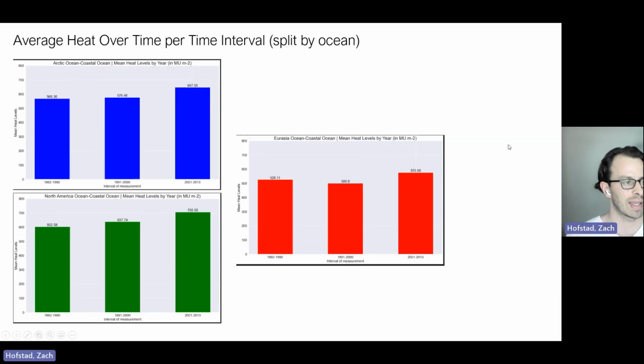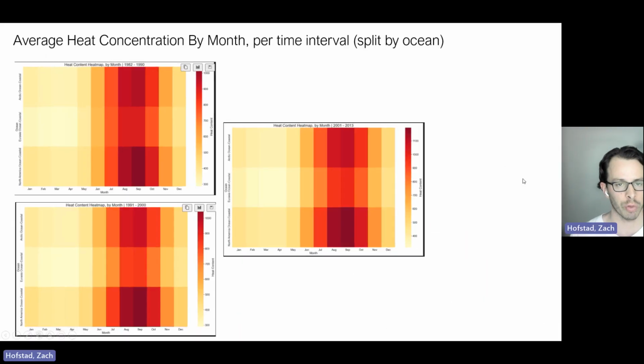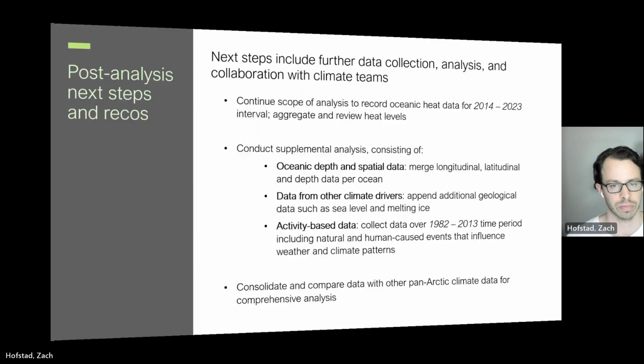Bar graphs were used to indicate heat averages within each interval of measurement, showing the increases of heat over time for all three oceans. And heat maps are also utilized to understand which months of the year were the warmest and which months of the year were the coolest for all three oceans, and the exact heat levels in megajoules per square meter as well.